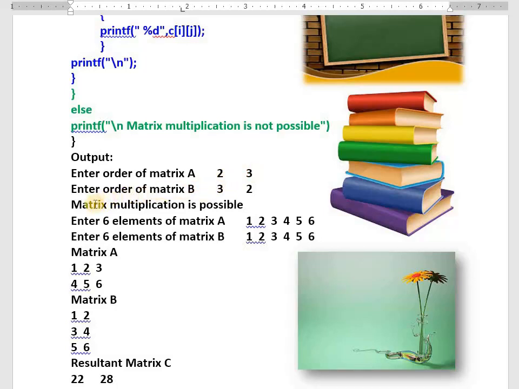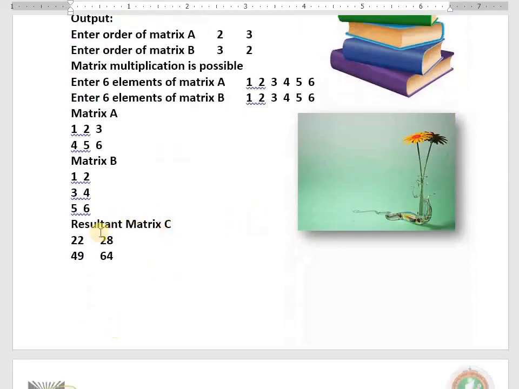That's why we are getting the message matrix multiplication is possible. Once the matrix multiplication is possible, it reads the elements of A, it reads the elements of B, it prints A, it prints B, it calculates C, it prints C.